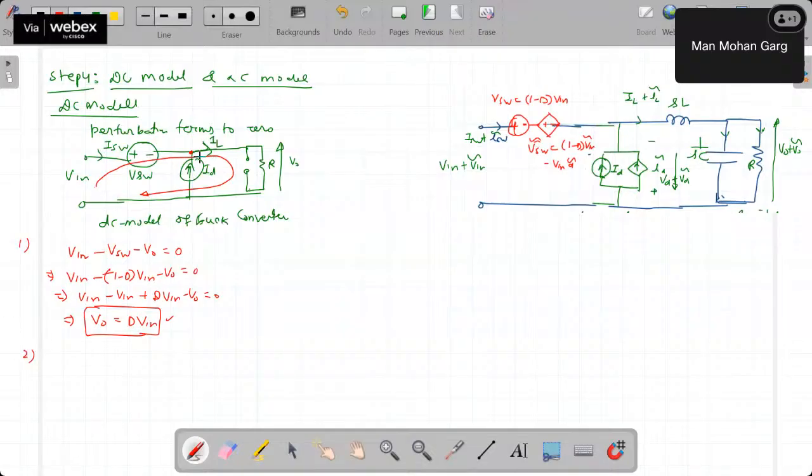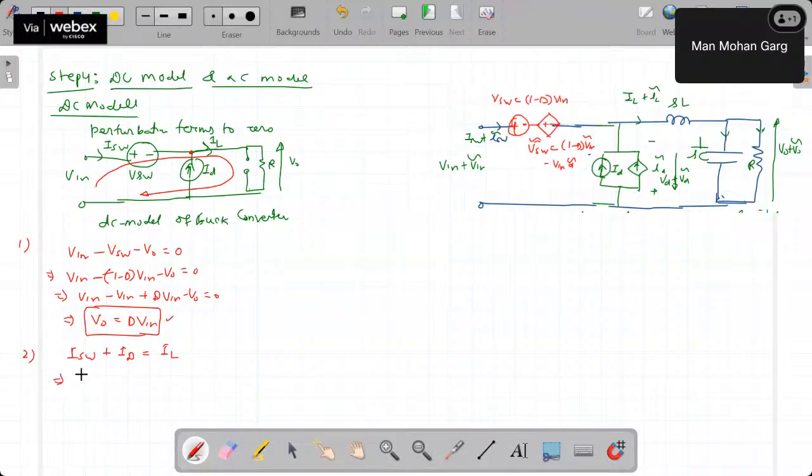The second relationship we get when we apply KCL. So what is the KCL? I_SW and I_D both are forming I_L, so I_SW plus I_D equals I_L. Anything useful from here?